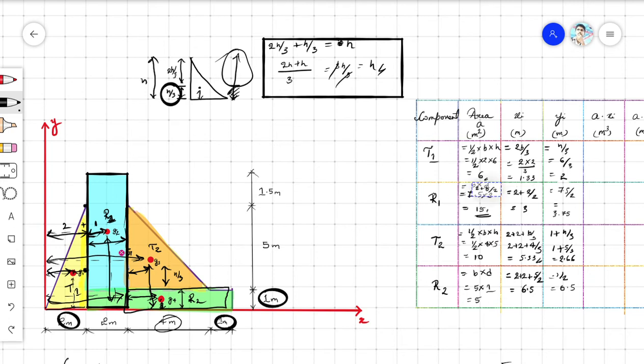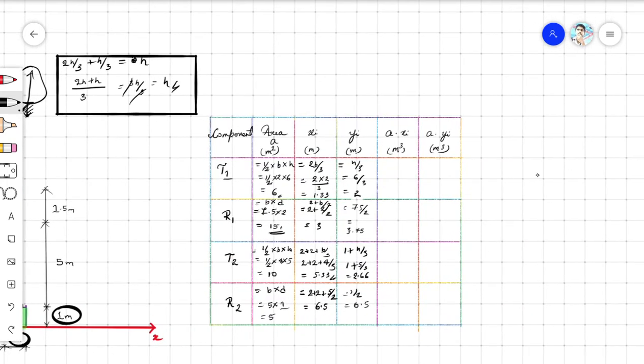So the next procedure is a clean multiplication from this to this and from this to this, which gives you this. So let us multiply area with the xi.